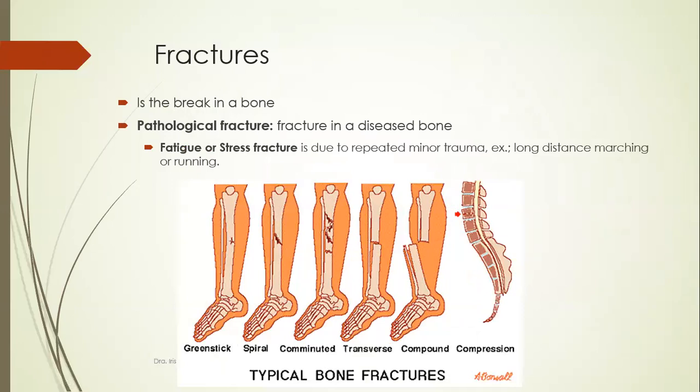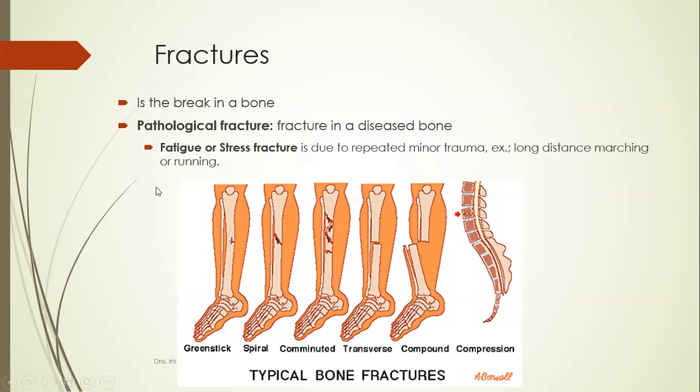Going to pathologies, we consider fractures. And of course, it's the break in a bone. A pathological fracture is a fracture in a diseased bone, of course. An example is a fatigue or stress fracture that is due to repeated minor trauma. For example, long distance marching or running.